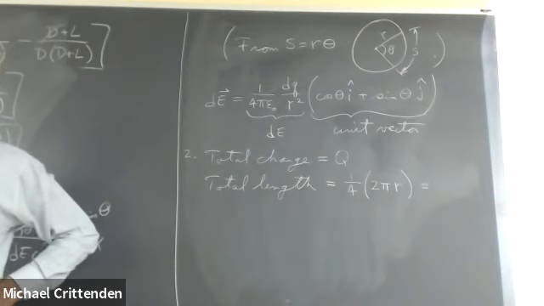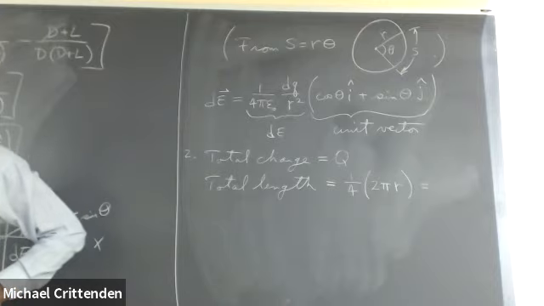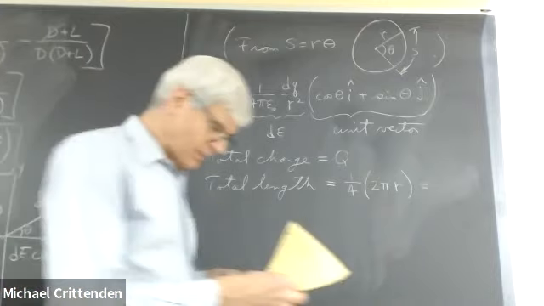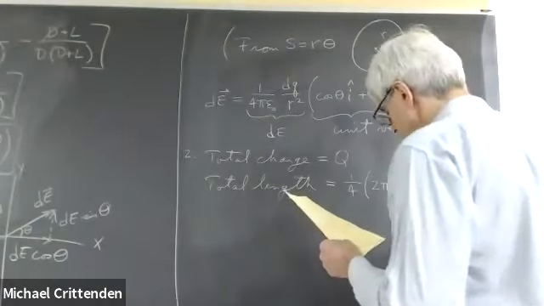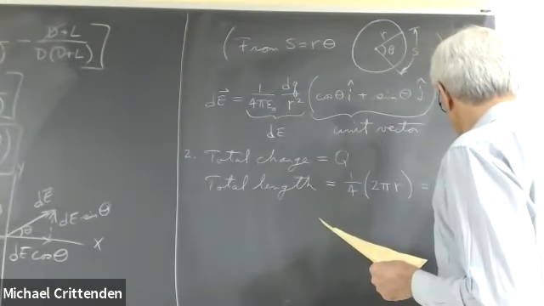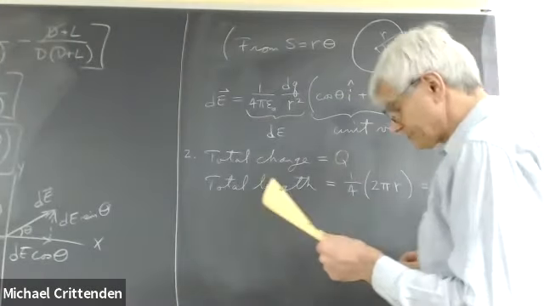If this is a quarter of a circle, its length is a quarter of that, which would be 1/2 of pi times r.